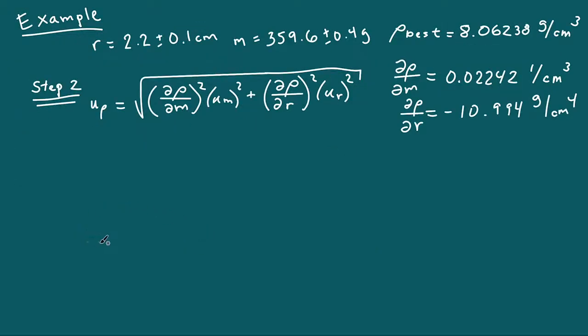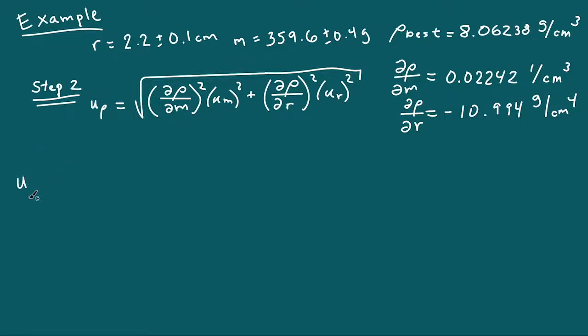We're still working on step 2, but I've rearranged this page slightly. So I've written our original terms, r and m, up here with their uncertainties. We have our best value for density, our partial derivatives when we've plugged in numbers, and then our equation for the uncertainty as well. Now I'm going to actually apply this equation.